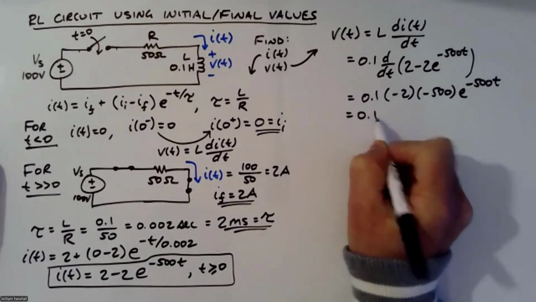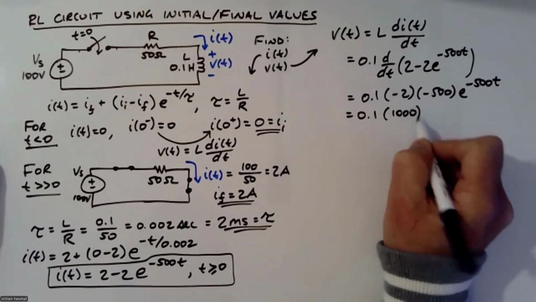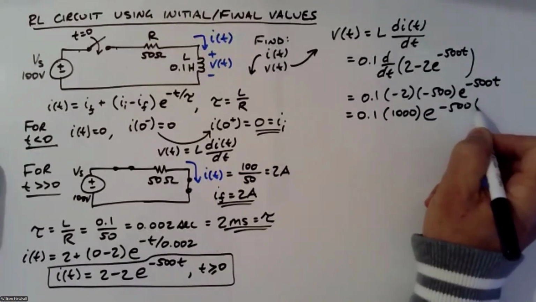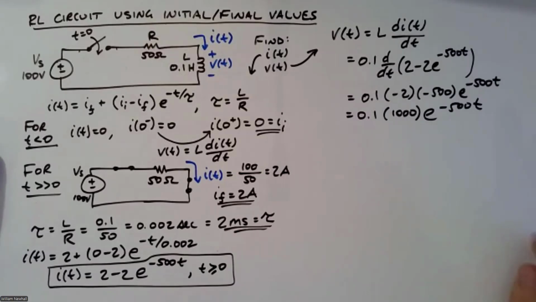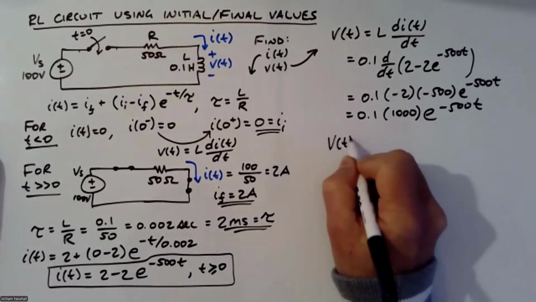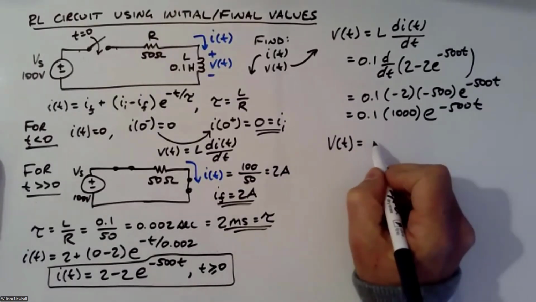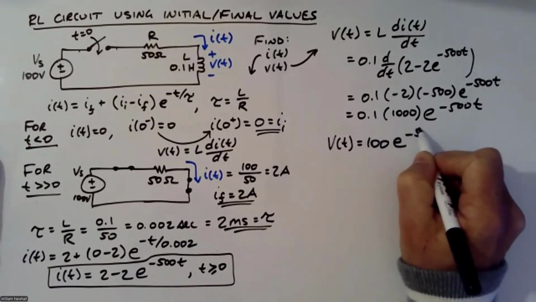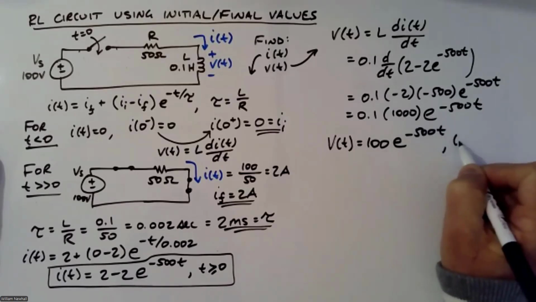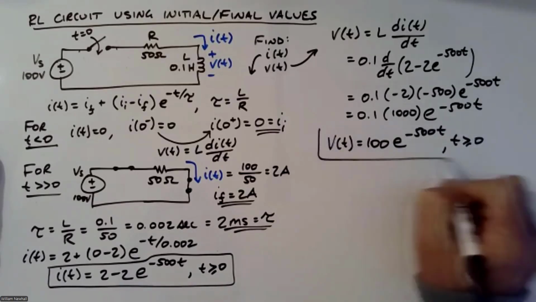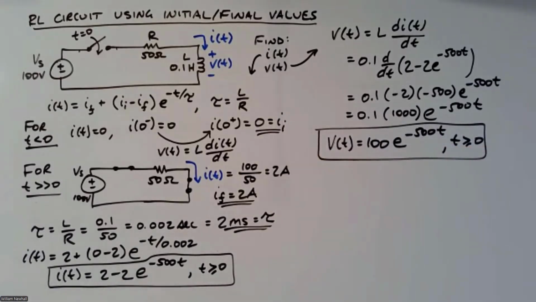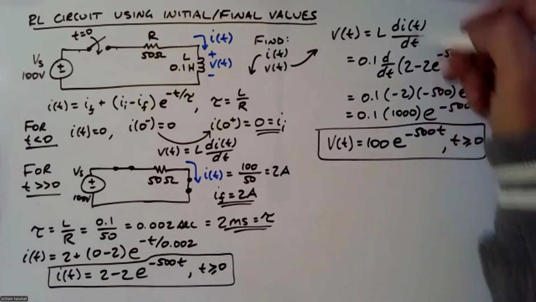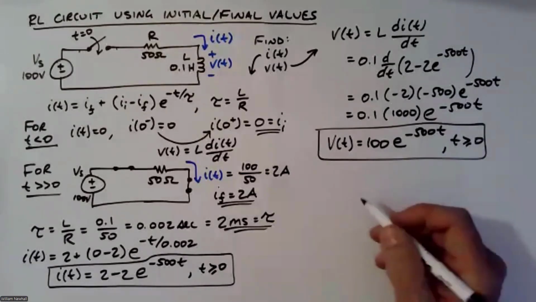So I get 0.1 times 1000 e to the minus 500t. So V of t is 100 e to the minus 500t. Okay. So we calculated V from I here.